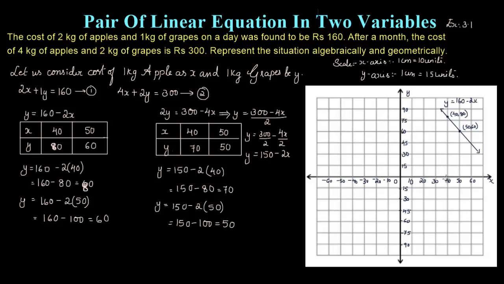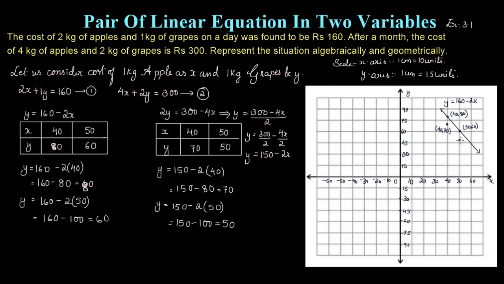So for 40 it is 70. So 40 is here, 70. You can observe here it is 75. So 60, 65, 70. So somewhere here down. So let me just write this point as 40, 70. Then for 50 it is 50. So for 50 here, obviously it will be after 45.